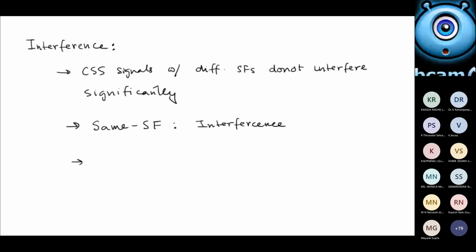Then another issue that needs to be specifically investigated is that of sensitivity. The receiver sensitivity, as we mentioned before, the lower the sensitivity, the better the reception. And as we already know, with CSS, the receiver sensitivity typically is much lower compared to many other modulation formats, leading to the CSS receivers or the LoRa receivers being able to receive signals at fairly low power level.